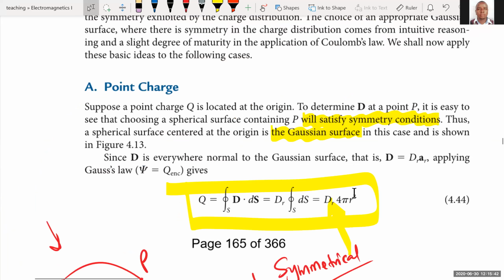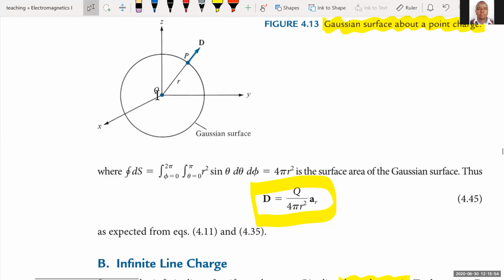Thus, a spherical surface centered at the origin is the Gaussian surface in this case, and is shown in figure 4.13. We have a point charge Q, and we want to observe the electric flux density at point P, and P could be anywhere along the Gaussian surface.